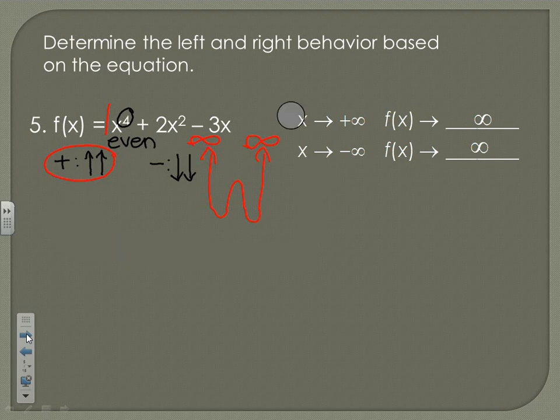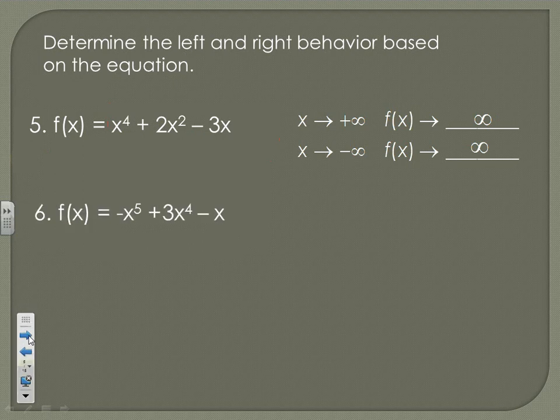Okay, let's look at number 6. Looking at number 6, I look at my degree. My degree is 5. 5 is an odd number. And we know that for odd functions, my arrows are going to be going in opposite directions.